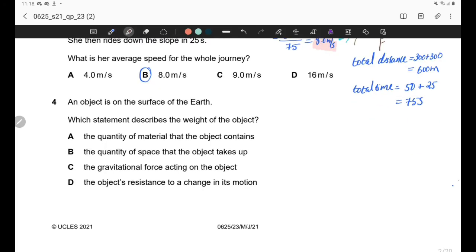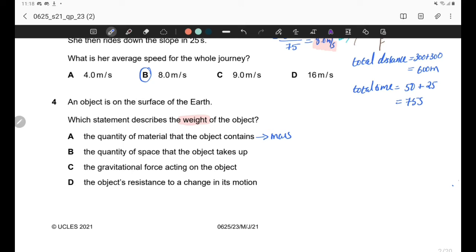Question 4. An object is on the surface of Earth. Which statement describes the weight of the object? Let's see each option. Option A, the quantity of material that an object contains. That is mass, not weight. Mass means the amount of matter.